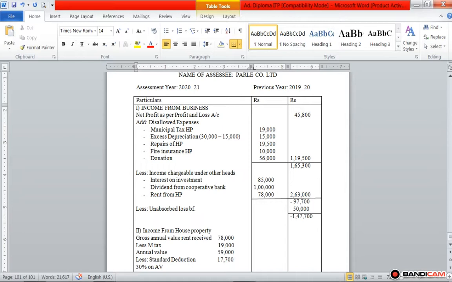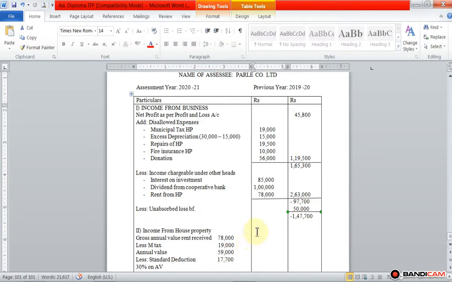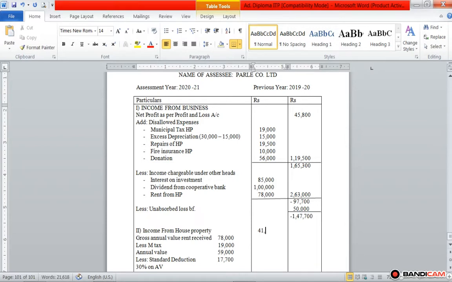Deduct this value from 59,000. We get income from house property amounting to rupees 41,300.